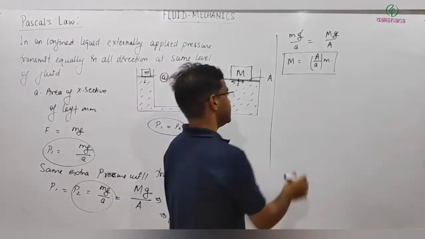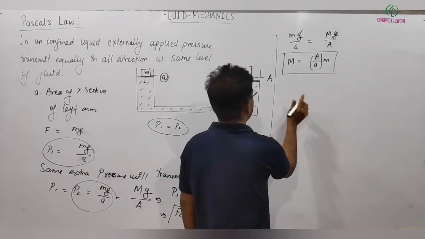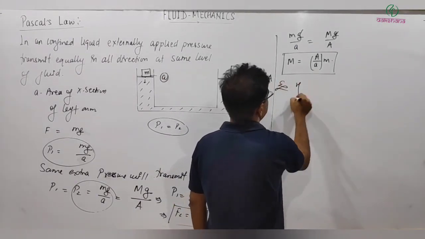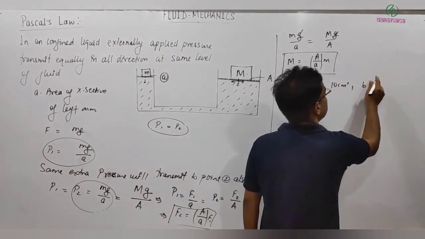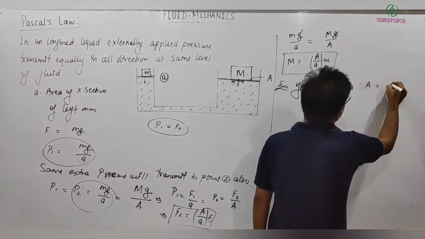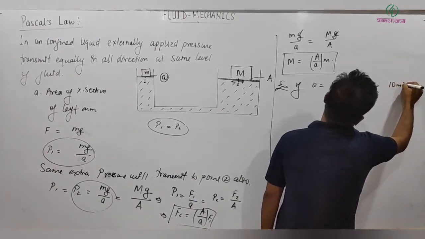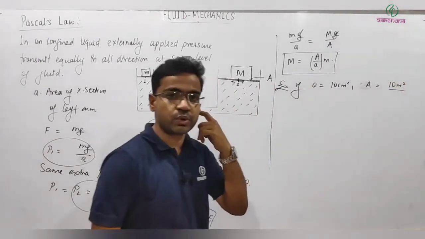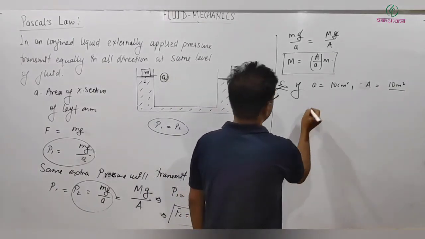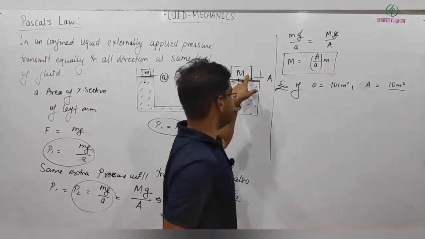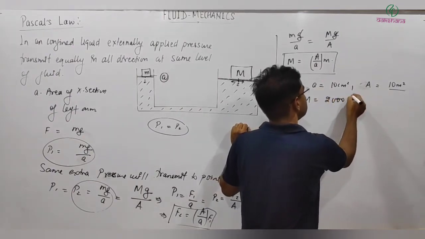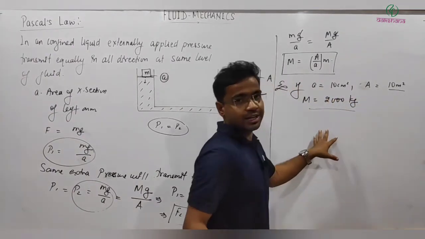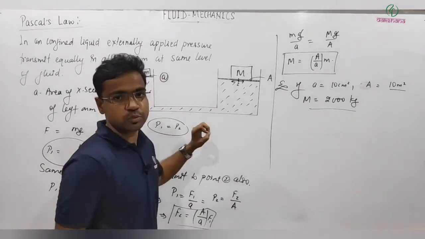Just consider this situation: let's say small a is equal to 10 centimeters square and capital A is equal to, let's say, 10 meters square. The difference in area is quite large, is it? So to balance 2000 kg, capital M is equal to 2000 kg. Let me check what exactly weight I need to put here.